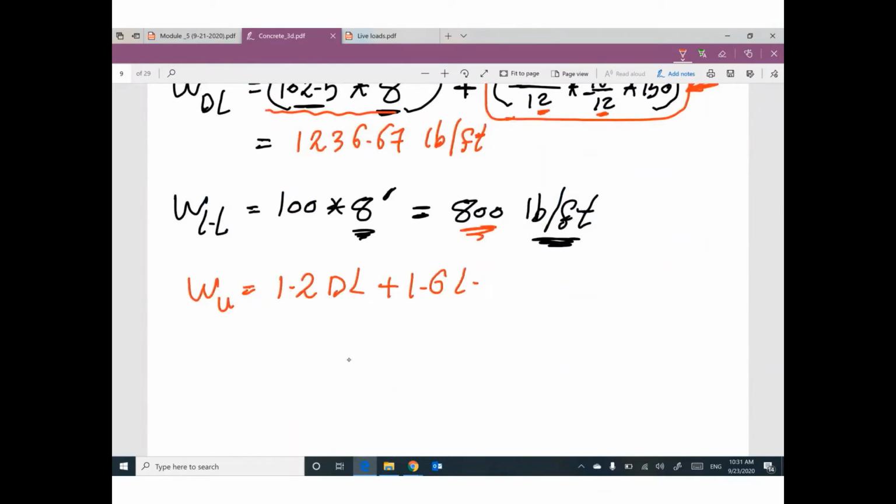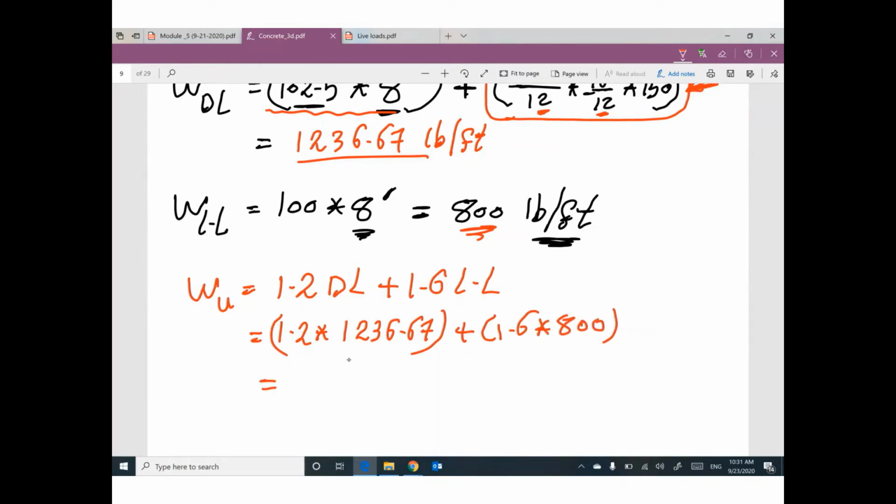Okay, 1.2, what is the value of the dead load? 1,236.67 plus 1.6, the value of live load, 800, so I can get a big number. This number will be 2,764 pound per foot. If you would like to make it more simple, it will be 2.764 kip per foot. We like kip.